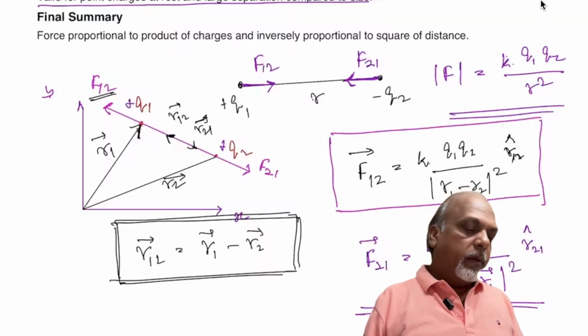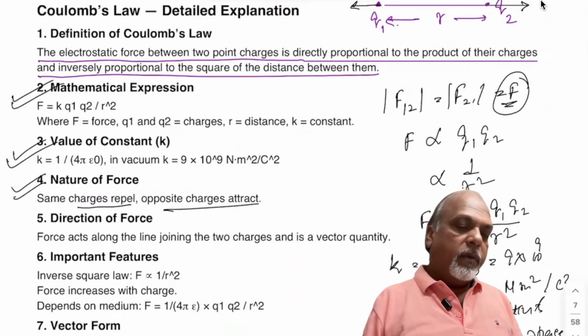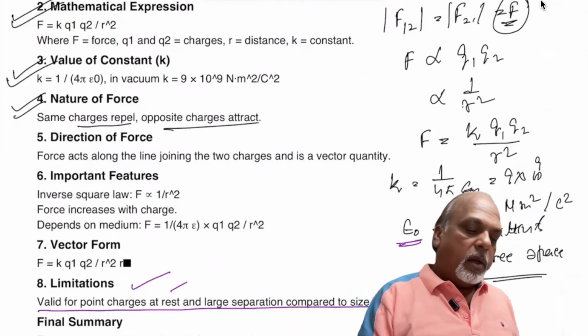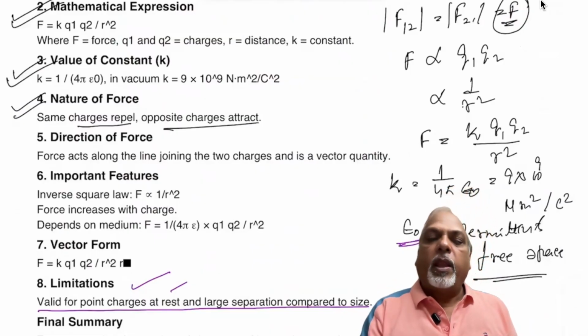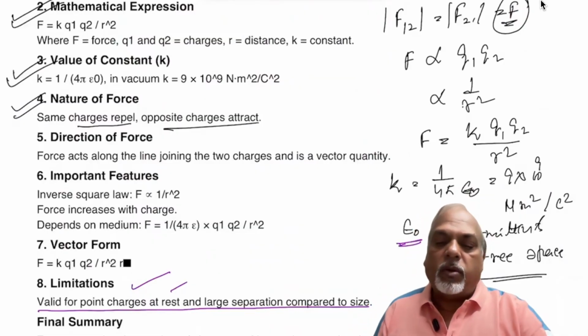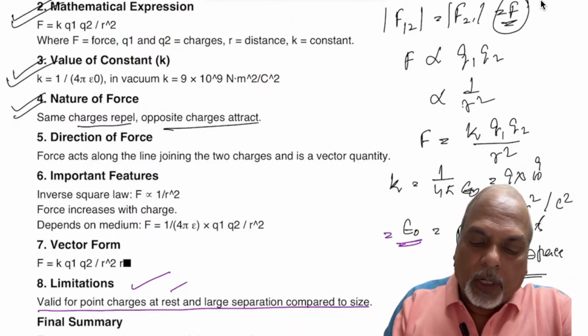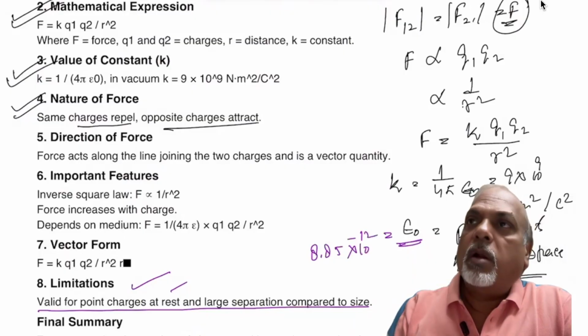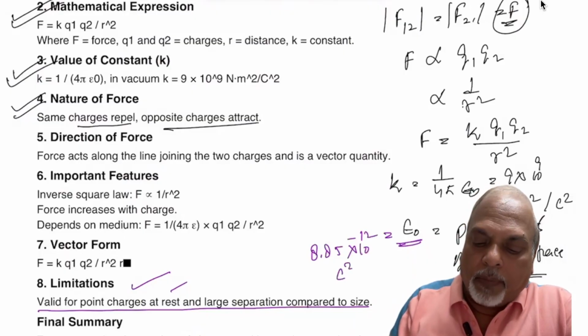Here, one more thing: what is this? This is epsilon naught, and its value, if you can find out, is basically 8.85 into 10 raised to minus 12 Coulomb square N minus 1 m minus 2.